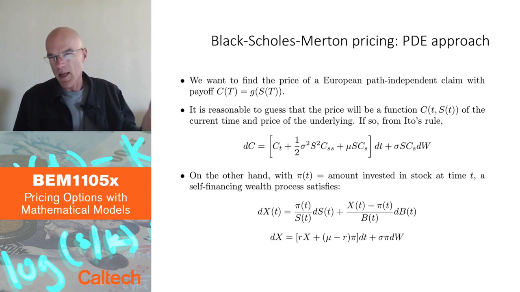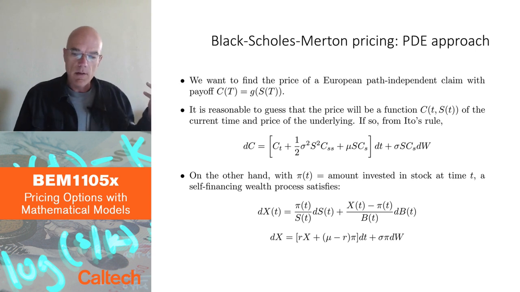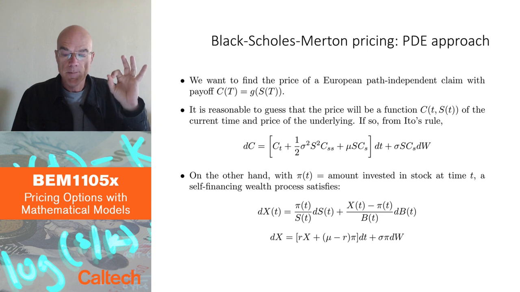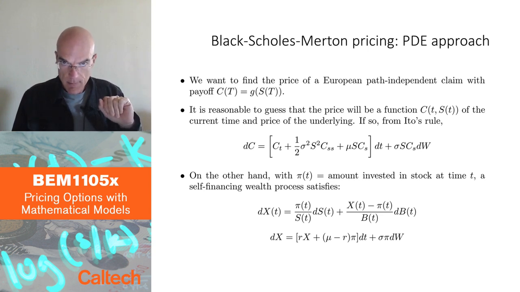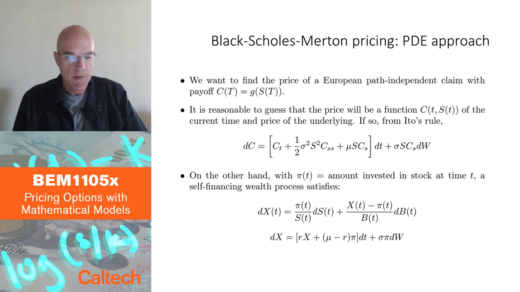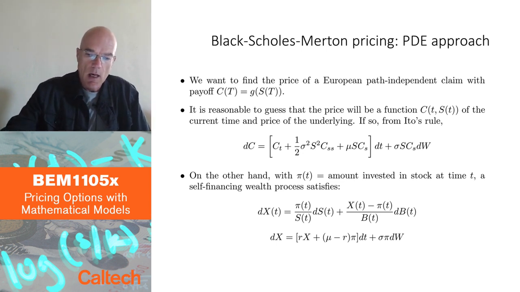And so basically the guess is saying, I don't need to know the history of the stock price, I only need to know where the stock price is today to say what the price of the option should be today. At this moment, this is just a guess. It's going to turn out, of course, to be correct, but at this point it's a guess. I'm also going to guess that this function is going to be smooth enough to be able to apply Ito's rule.